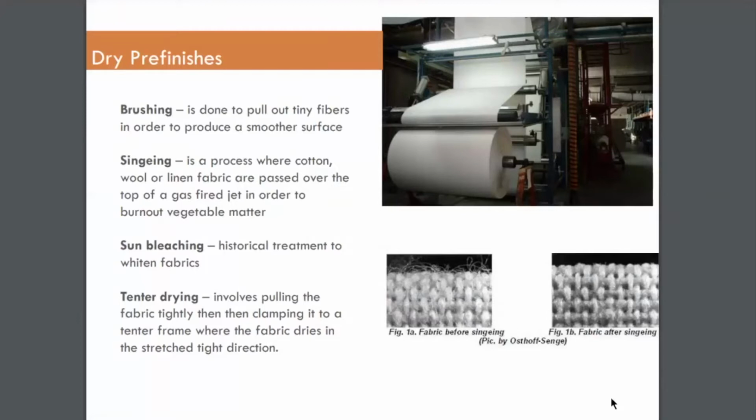There's something called tenter drying. This involves pulling the fabric tightly, then clamping it to a tenter frame where the fabric dries in the stretched, tight direction. It's not ironing, right? It's rather letting something get wet and then dry and making it more straight.